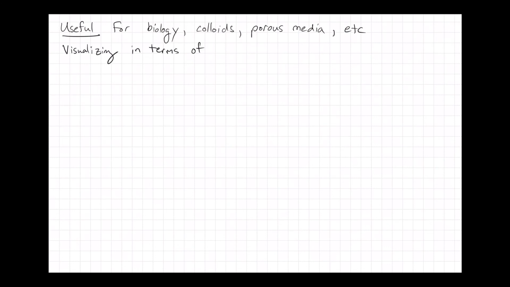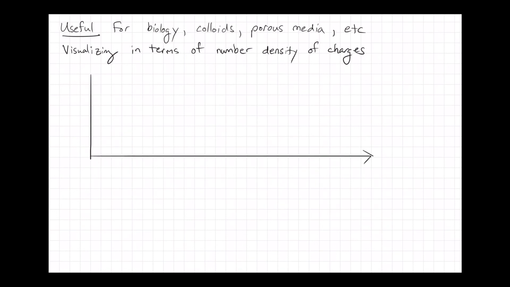So let's try and visualize, in terms of the number density of ions, what this looks like in a fluid. Obviously, if I have two ion species in a fluid, there has to be some charge neutrality somewhere far away from the surface.